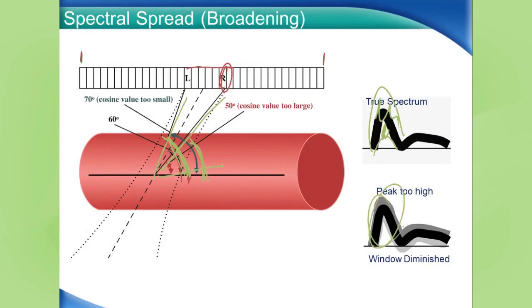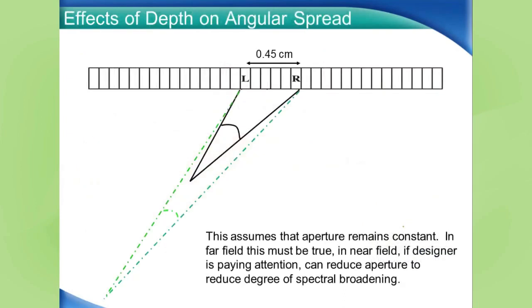Well, why does the angle matter here? Let's see why. First of all, this problem gets worse as your sample volume gets shallower. And this picture shows why. We see the spread from the left and right element looks bigger when we get closer and smaller as we get farther away.